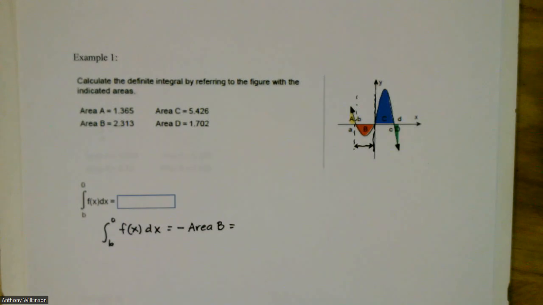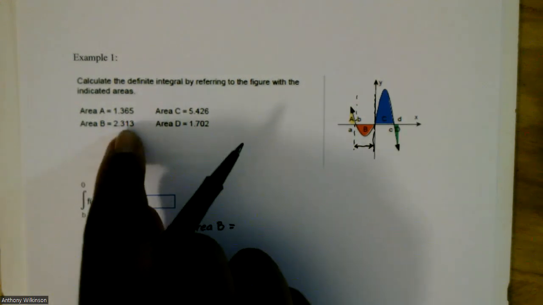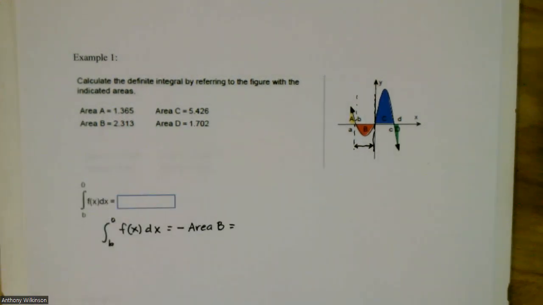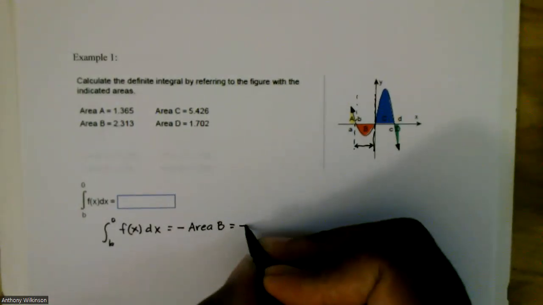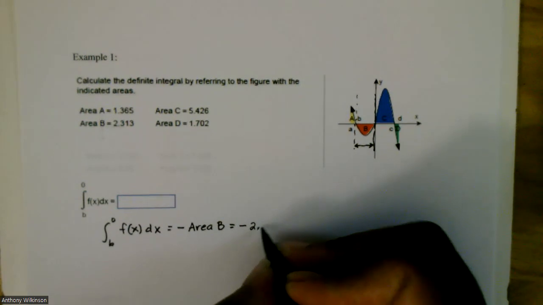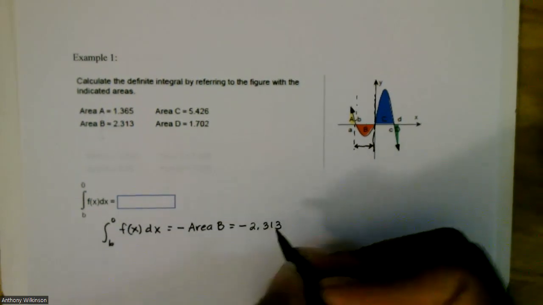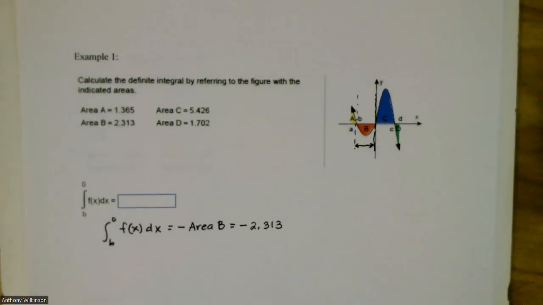So that's why it's negative. Now, area B has a value of 2.313. So we'll bring over the negative sign, and the integral from b to 0 of f of x dx would just be negative 2.313.